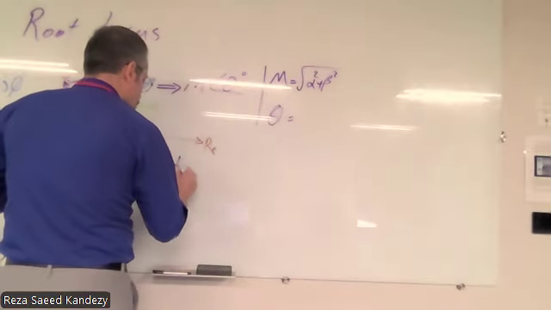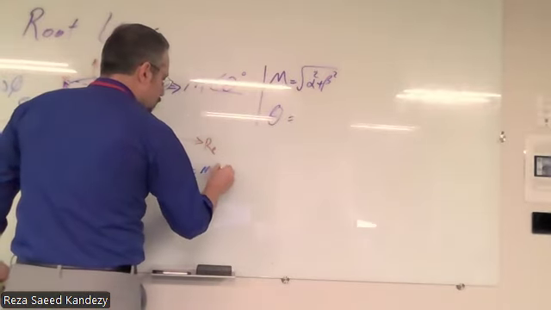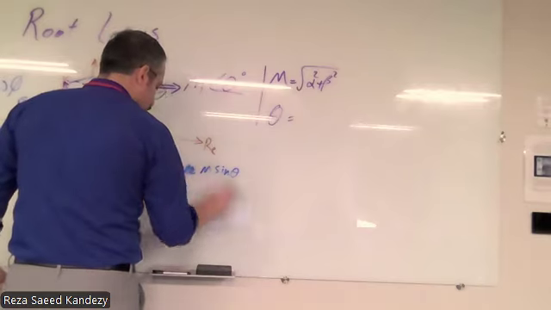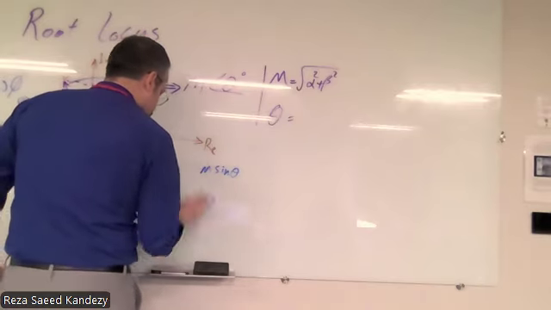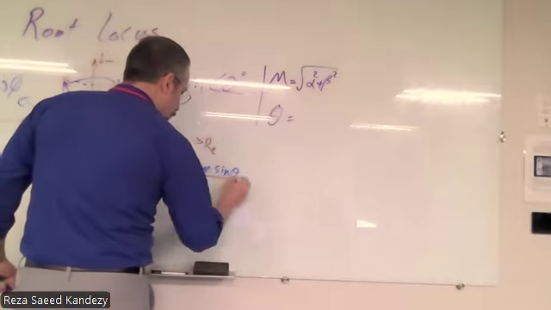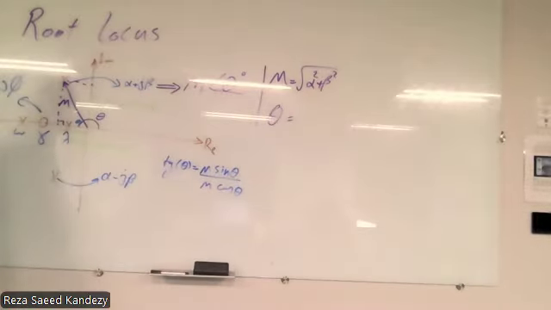The tangent of that theta is simply m sine of theta over m cosine of theta, right?